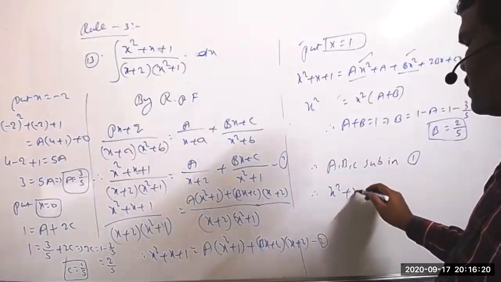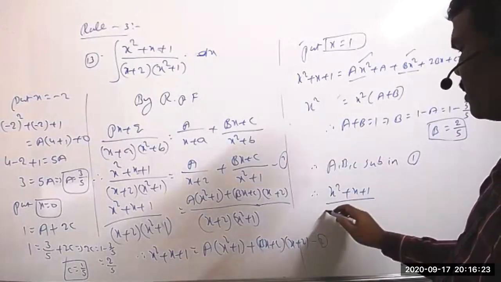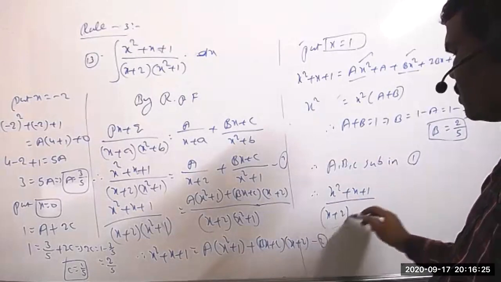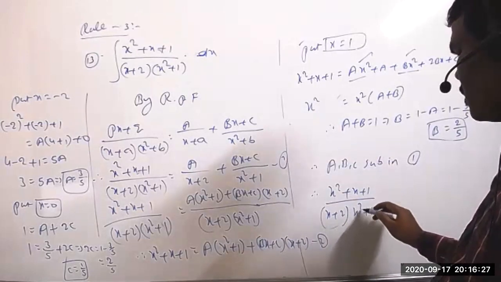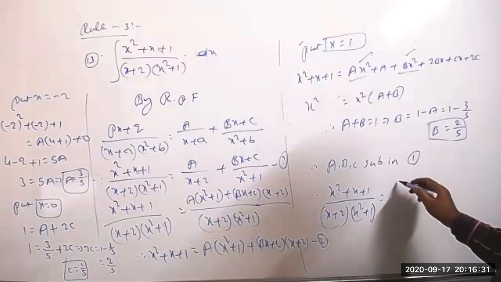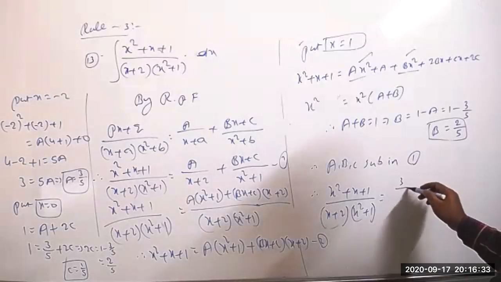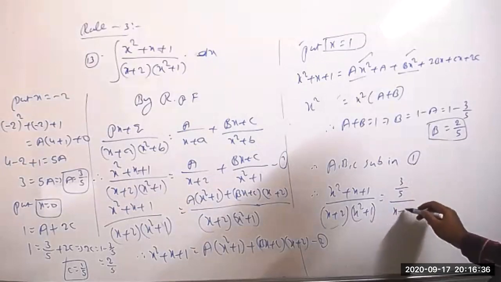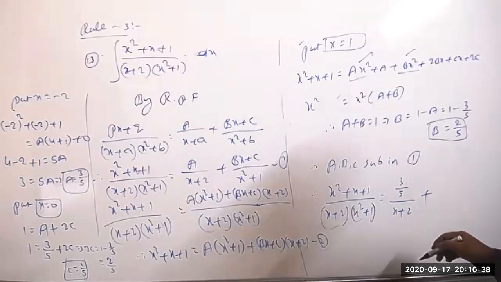So x square plus x plus 1 whole by x plus 2 into x square plus 1 is equal to, the value of a we got now is 3 by 5, so 3 by 5 whole by x plus 2, plus bx plus c.